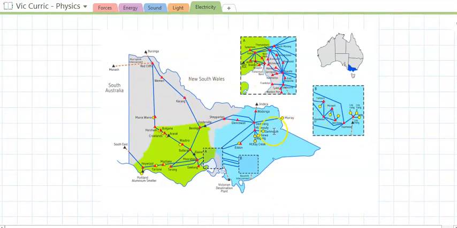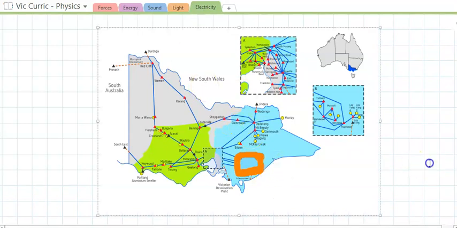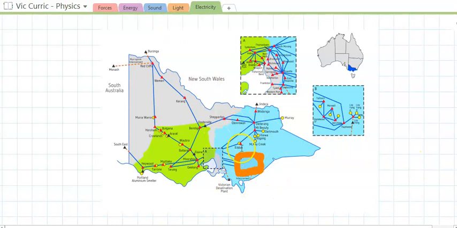One amazing thing to think about is that the whole of Australia is really one giant circuit, because every state has its own area where they have their power stations. In Victoria, it's in Gippsland here, where we have lots of coal, so that's where we decided to build all our power stations. But you can see on the map here, all these blue lines, these are the high voltage power lines that take power from Gippsland to Melbourne, but also out into the country to all the regional areas.